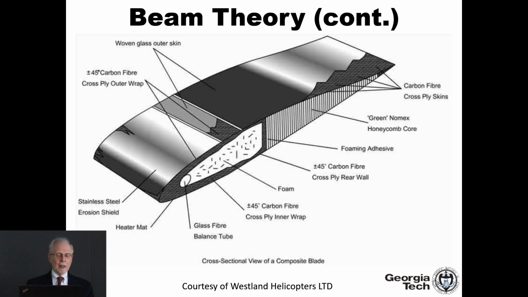This is what real helicopter blades may look like. They're very internally complex, and without some kind of way of representing this complexity, there is no hope of accurately modeling such a structure.